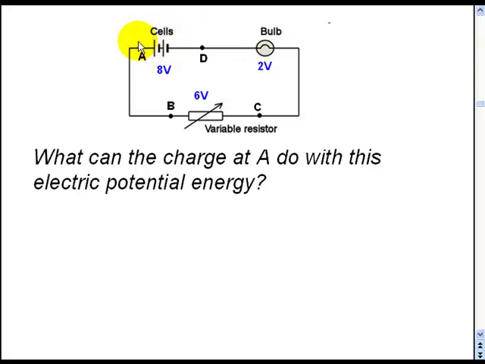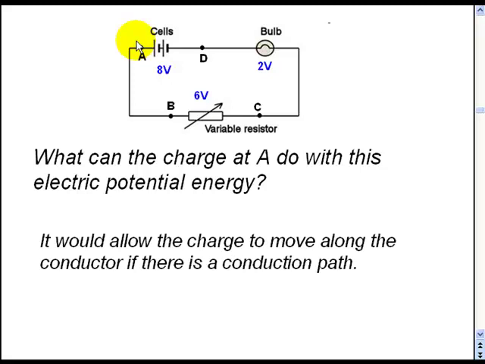What can the charge at A do with this electric potential energy? At point A, the charge has 8 joules of electric potential energy per coulomb. Similar to the case of an object with elastic potential energy, the object will move off as its elastic potential energy is converted to its kinetic energy. It will allow the charge to move along the conductor if there is a conduction path.